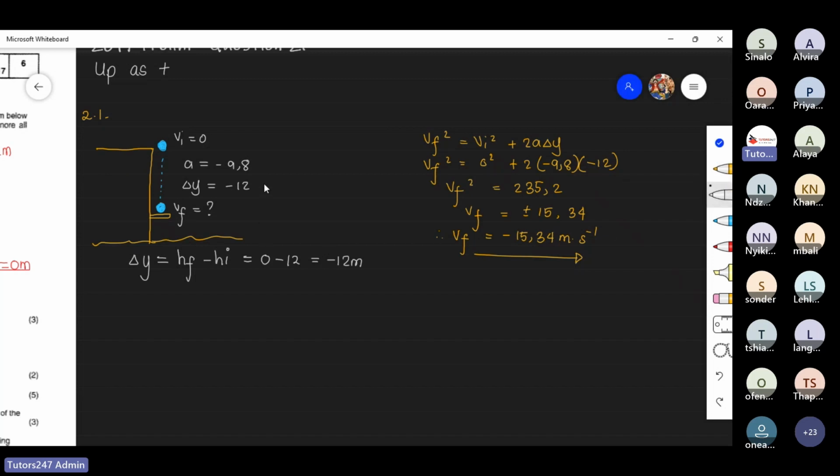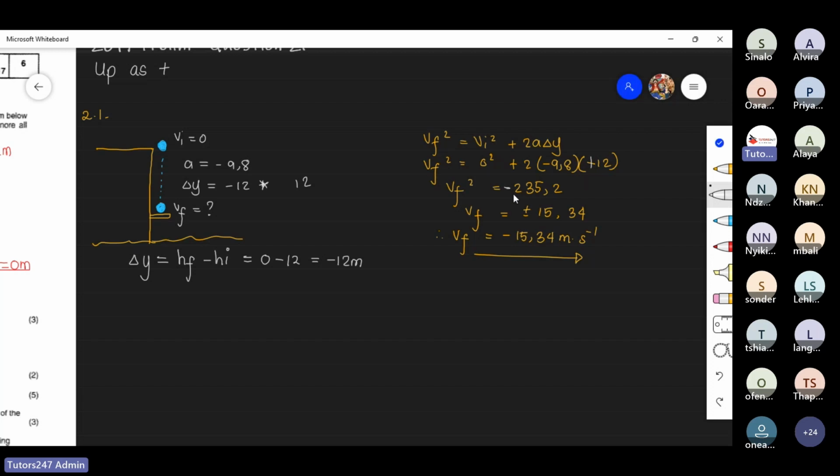If you did not identify that this is negative 12, let's say you assumed your displacement to be positive 12, and you substituted a positive 12 into this formula, you would have ended up with negative 235.2. Once you try to square root a negative, you would have ended up with an error.